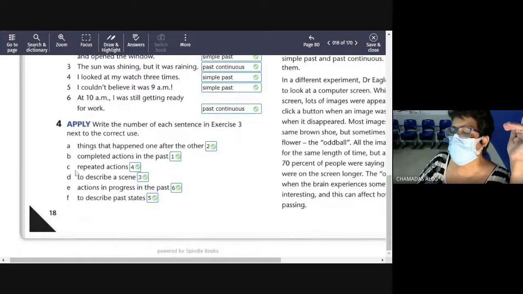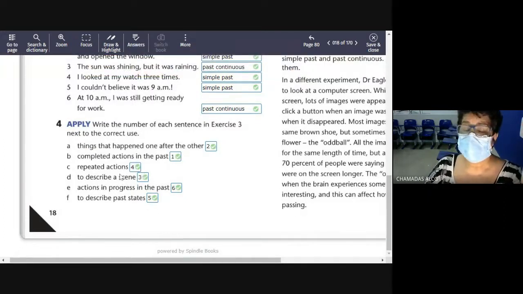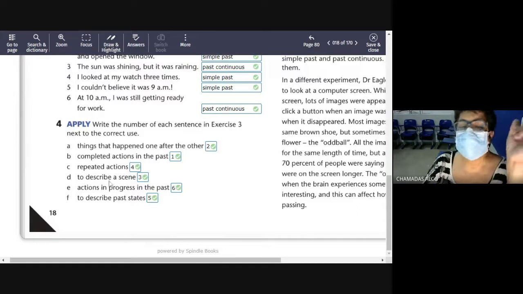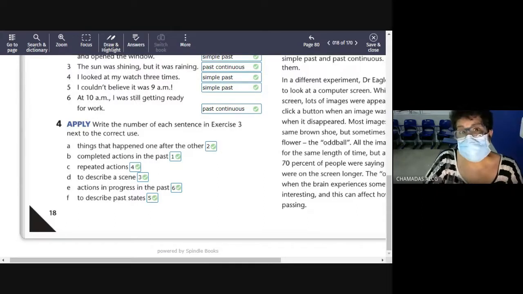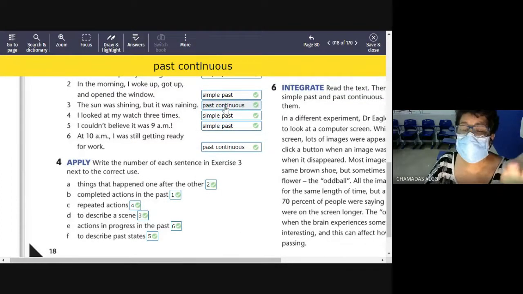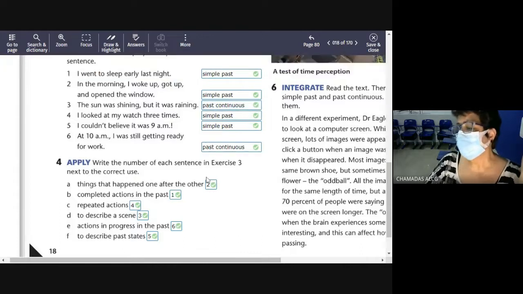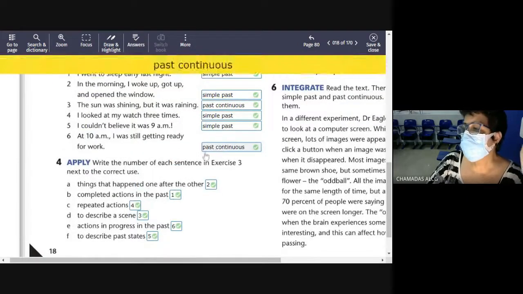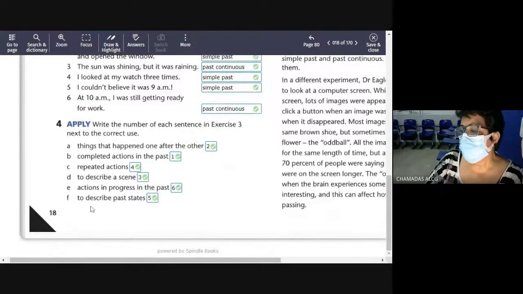When we talk about repeated actions in the past, we also use the simple past. Now, when we describe a scene, then we use preferably the past continuous, okay? Actions in progress in the past, we also use the past continuous. And to describe past states, we use the simple past.